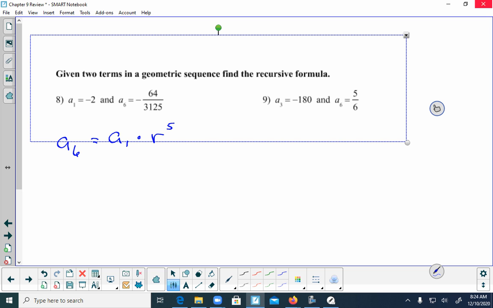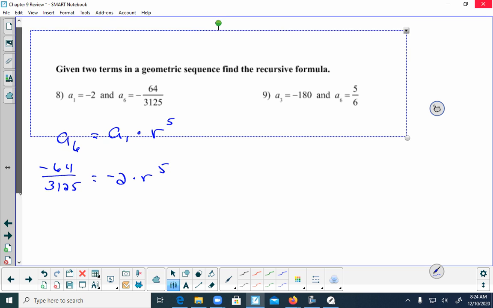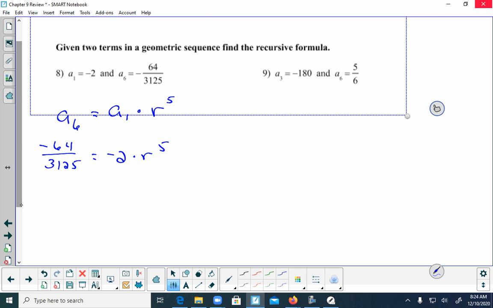That's the formula. So in order to do this, I'm going to put in that -64 over 3,125, and that's going to equal my first term, which is -2 times r to the fifth. I'm going to divide both sides by -2, and when I divide both sides by -2, I end up with 32 over 3,125 is equal to r to the fifth.